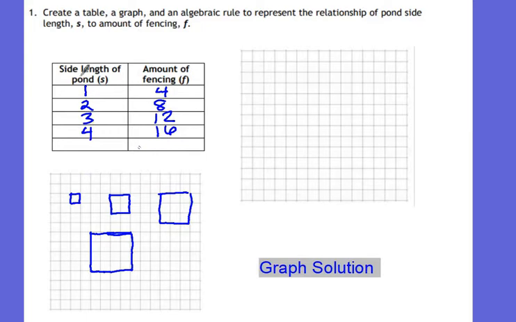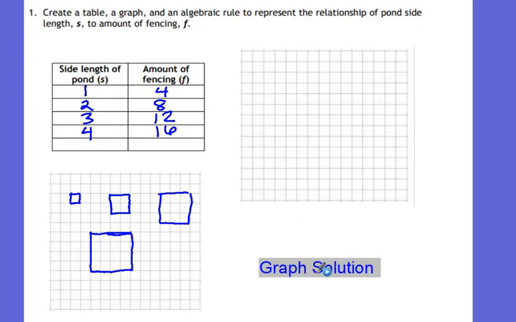Okay, so I created my table. I need to graph it and create an algebraic rule. I'm going to graph it first to know if it's even proportional or not, to know what kind of equation I need to come up with.